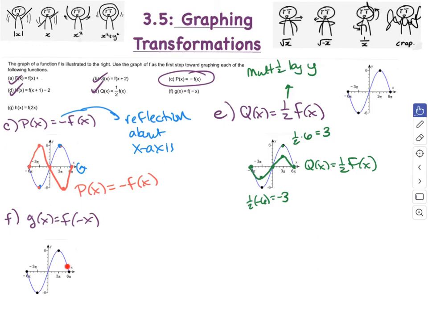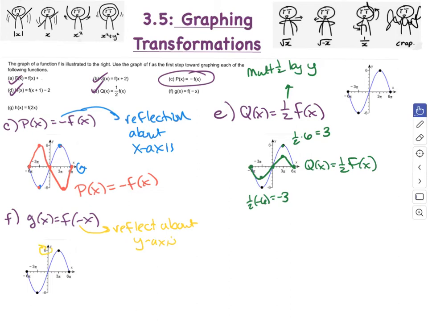So it's making positive x's negative and negative x's positive. So that's a reflection back and forth about the y-axis. So we have, what color have I not used? Let's do yellow. We have here a reflection about the y-axis.